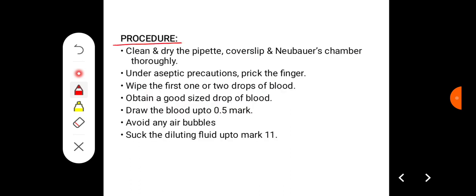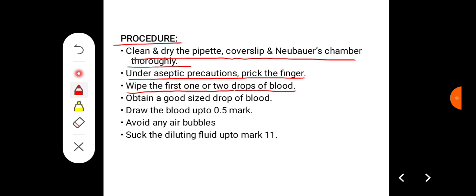Coming to the procedure, clean and dry the pipette, cover slip, and Neubauer's chamber thoroughly first. Then under aseptic precaution, prick the finger. Then wipe the first 1 or 2 drops of blood, then obtain a good sized drop of blood.